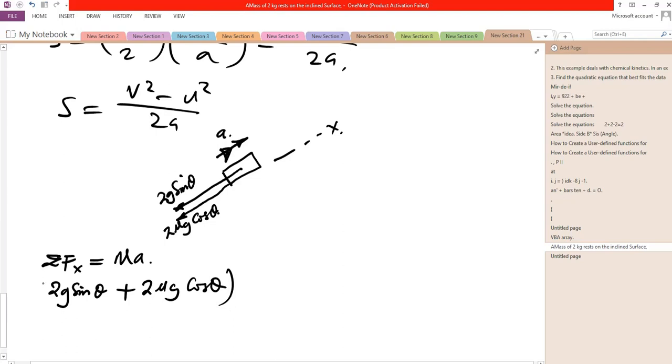Now this is a negative force, since the x-axis along the plane is positive, up the plane is positive.